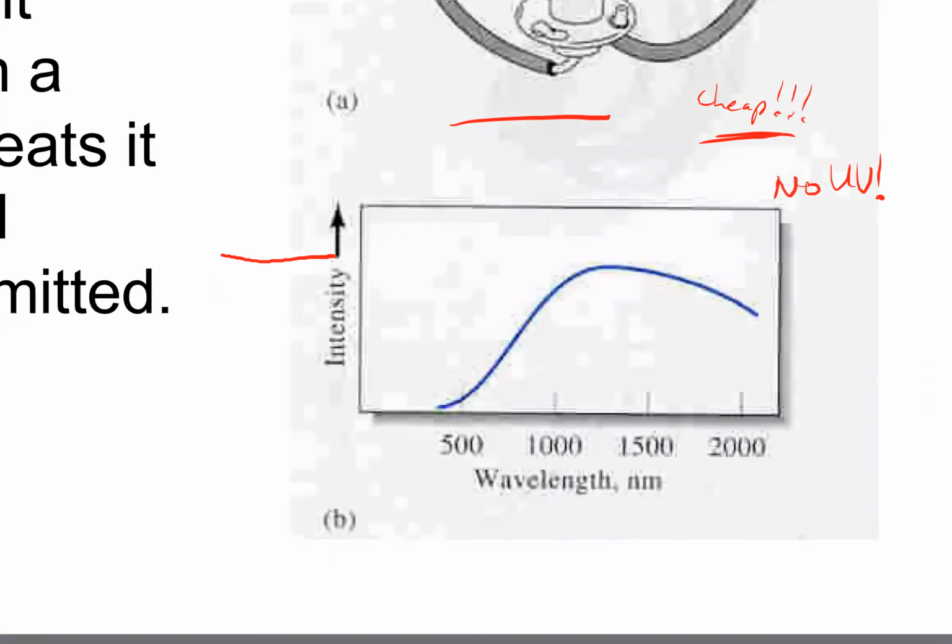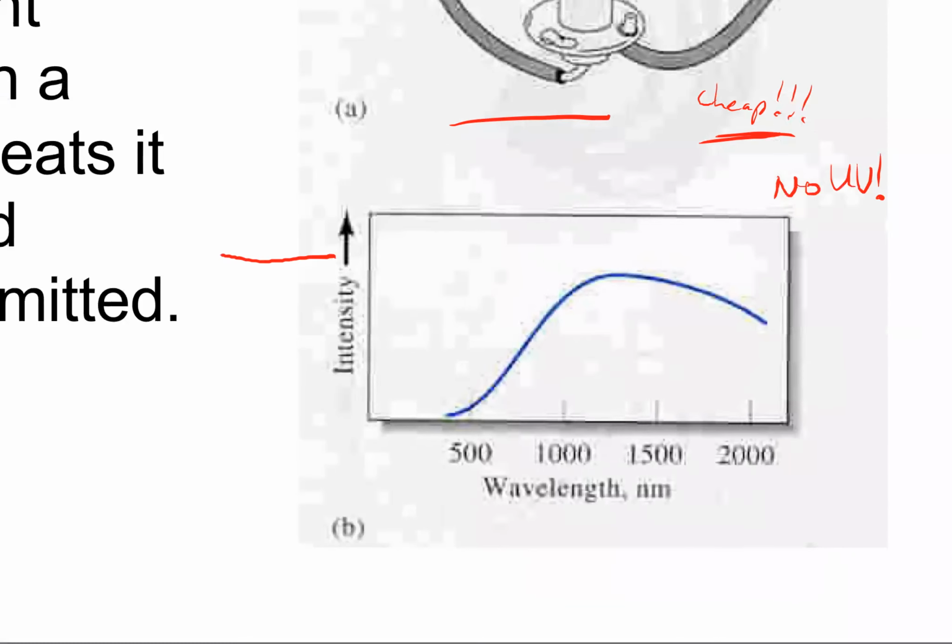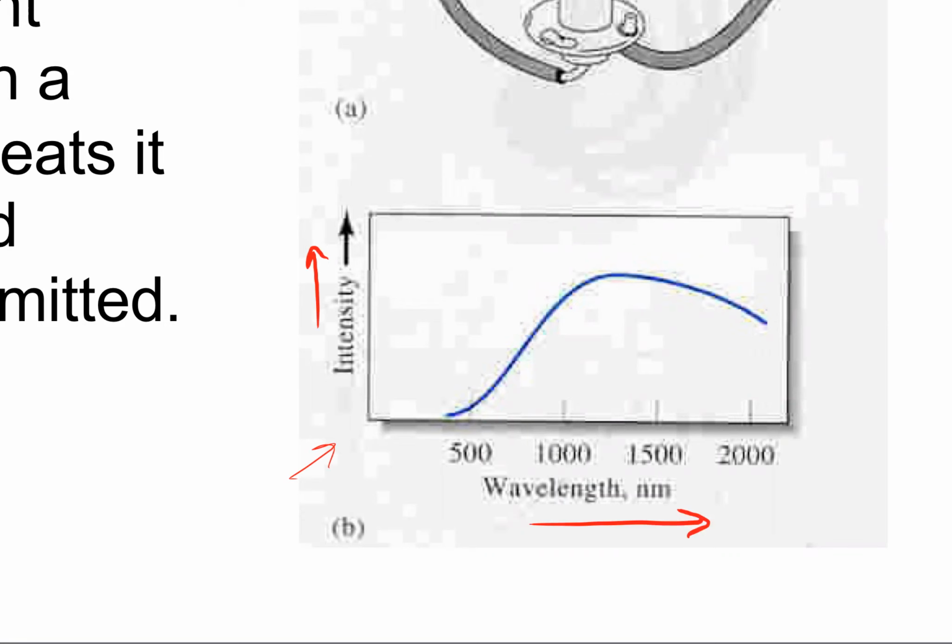To see what I mean by that, let's zoom in to the spectrum, which is our plot of intensity versus wavelength in nanometers. Now remember, 400 to 700 is our visible range, right in through here, okay?